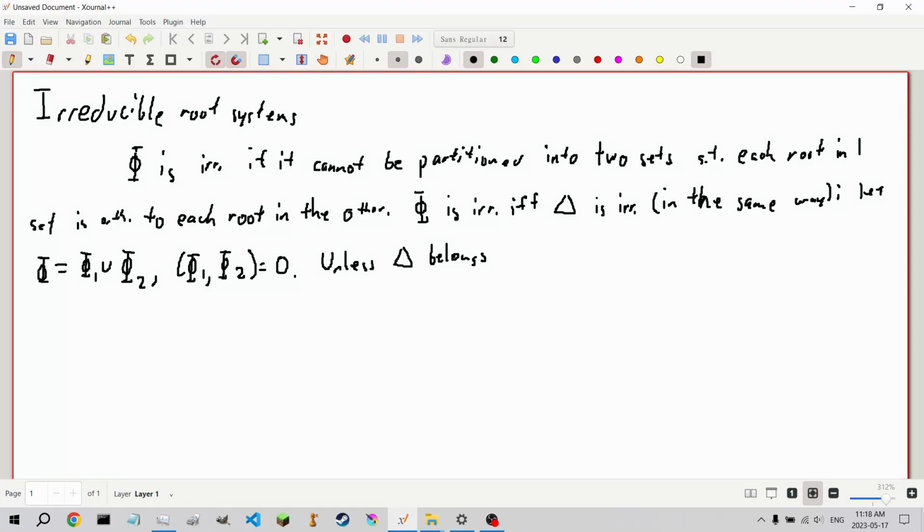Alright, so today we're looking at irreducible root systems. Irreducible root systems.